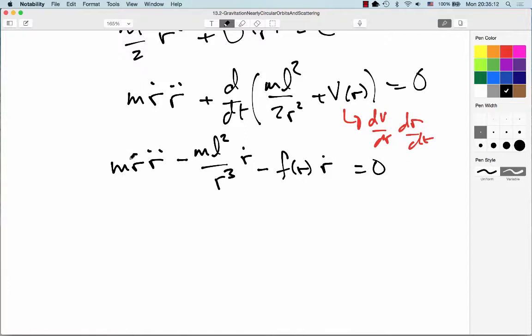That equals 0. All right, I can just divide everything through by an r dot and make it go away. So if I rearrange just a tiny little bit, I get m r double dot equals m l squared over r cubed plus F of r.